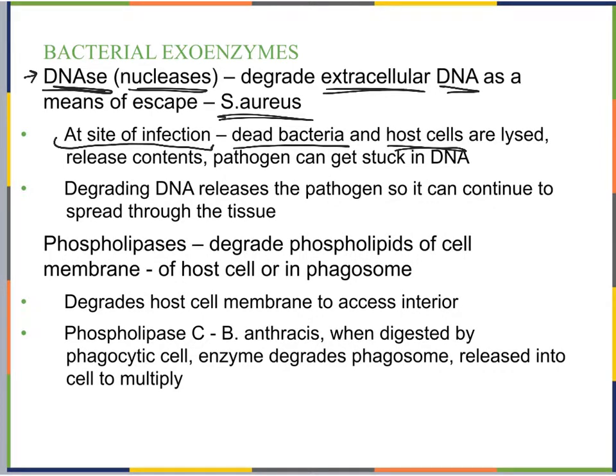So their contents are released, and then the pathogen can actually get stuck in the DNA, because remember, DNA is this really big stringy thing, and it is wrapped very tightly around these histones and things to make it more compact. But that is typically when we have our DNA as being very, very compact, mostly when it's going through mitosis, so that we can separate the chromosomes correctly for our cells.